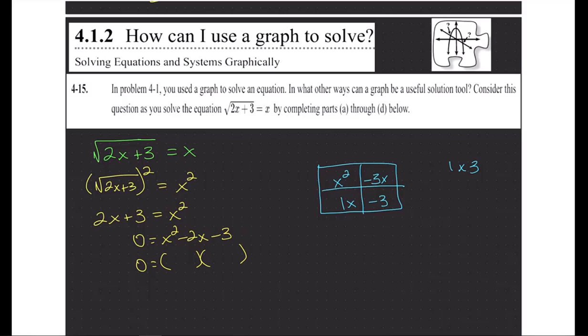Everybody good with those? Then we pull out the like terms. What do they have in common? Going this way, I can pull out an x, a negative 3, an x, and a positive 1.